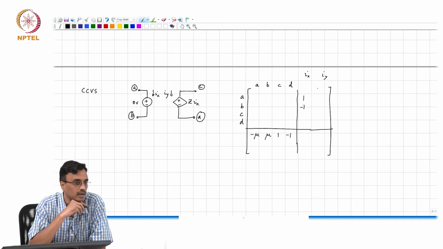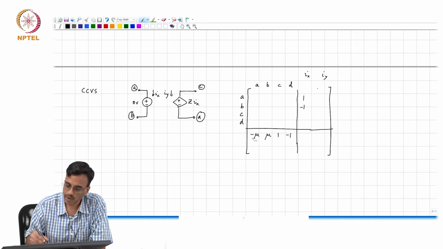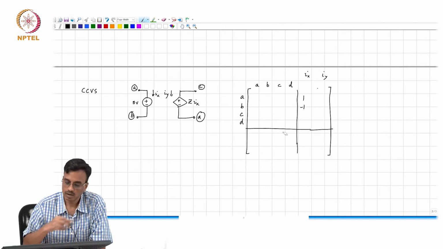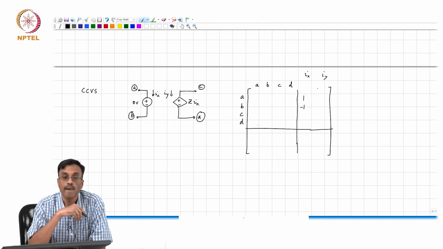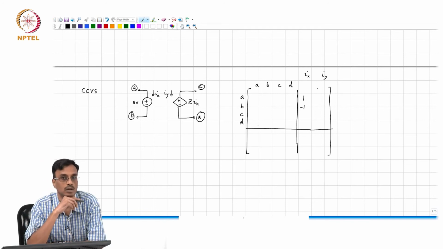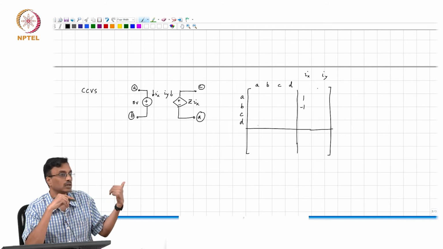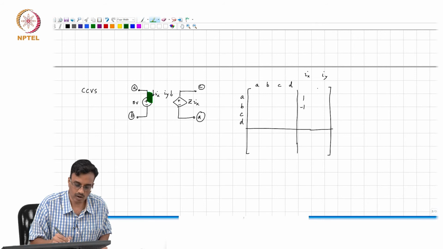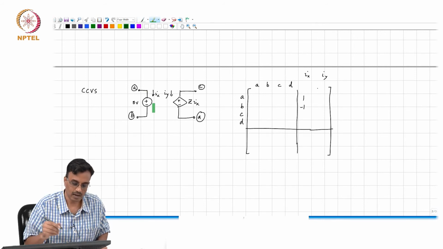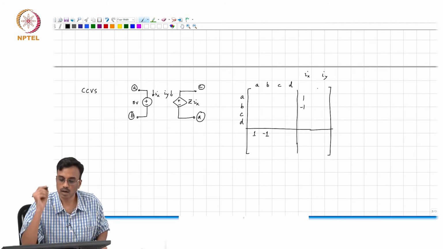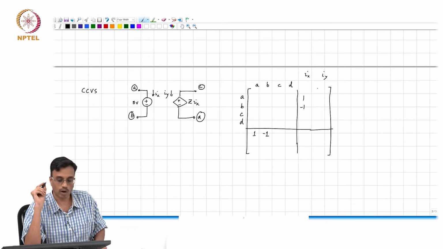And what comment can we make about the last but one row? It will be 1 and minus 1, so VA must be equal to VB, and we are done with one row and one column.